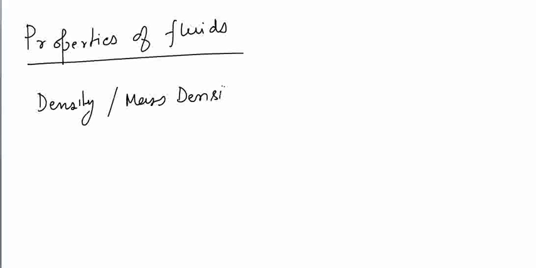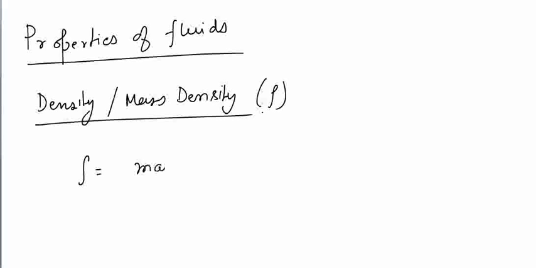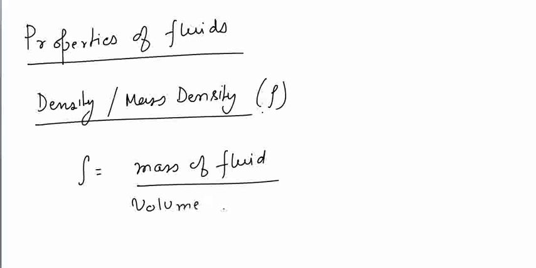As the name suggests, density or mass density is denoted by the symbol rho, where rho is the mass of fluid by volume of fluid. The unit is kg per meter cube.